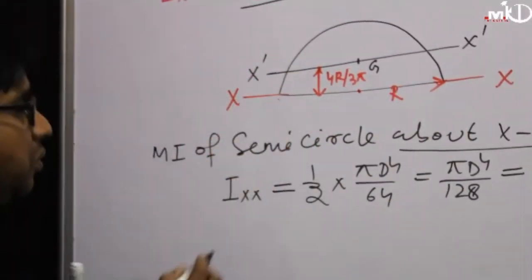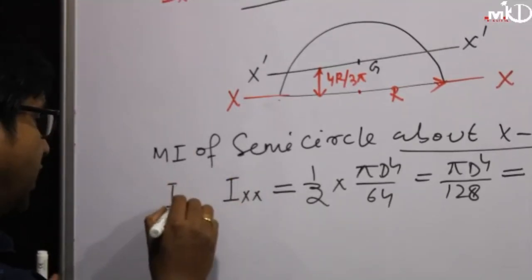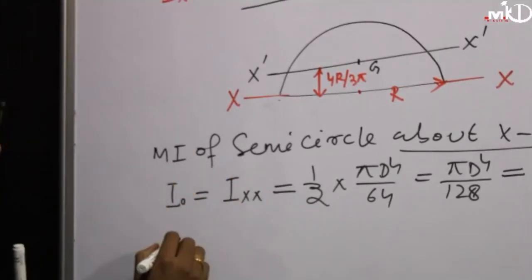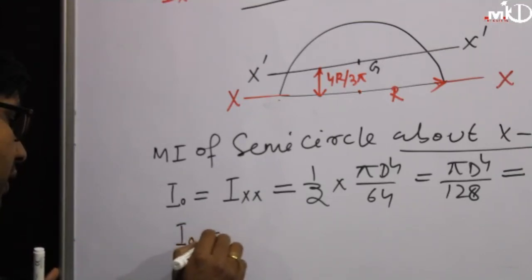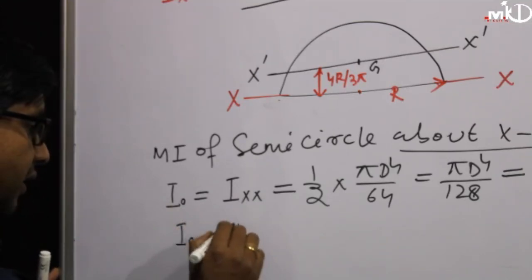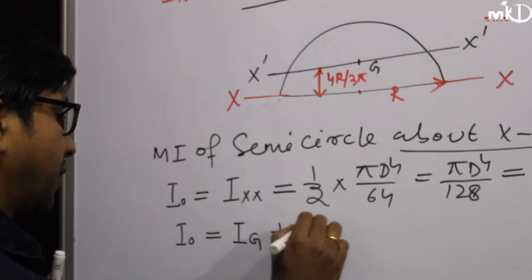So here we have to reverse it; this is our non-centroidal axis. So let me call it I0, right? We know that according to the parallel axis theorem, I0, the MI about the non-centroidal axis, equals I G about the centroidal axis plus A h bar square.